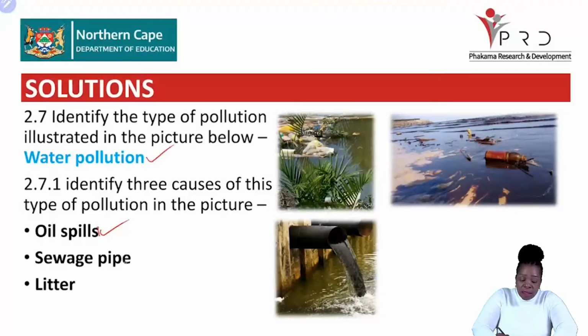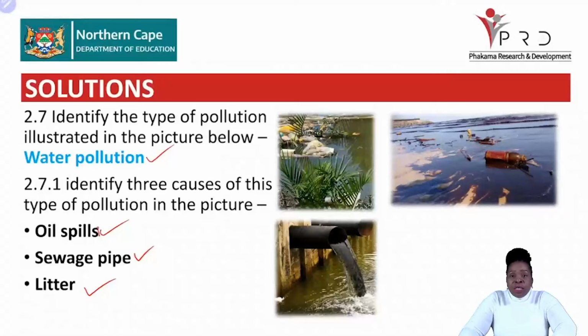And then the second one is sewage pipes, right? So if there is a burst sewage pipe, it can actually leak into the drinking water, thereby contaminating our water, right? And then litter.